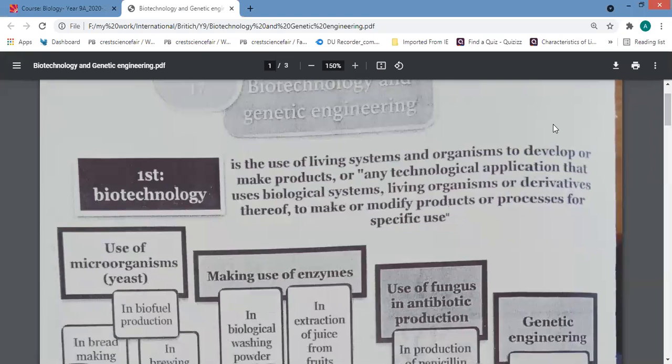We said that biotechnology means uses of living organism systems to develop or produce a product, or any technological applications that use microorganisms.